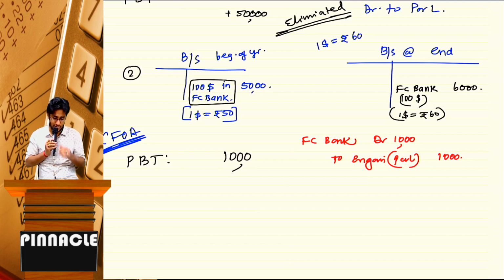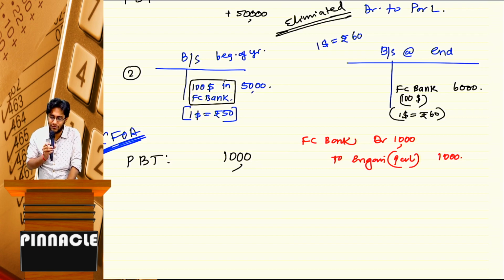Realized or unrealized? Unrealized. When will it be realized? When we collect cash. In dollars or in rupees? In rupees. That means he will pay dollars only. When you convert that into rupees, then only the exchange gain is realized. Until then it is unrealized. Answer this. Realized or unrealized?